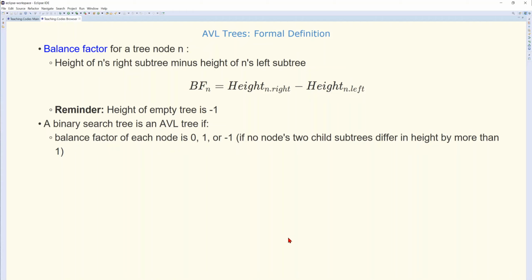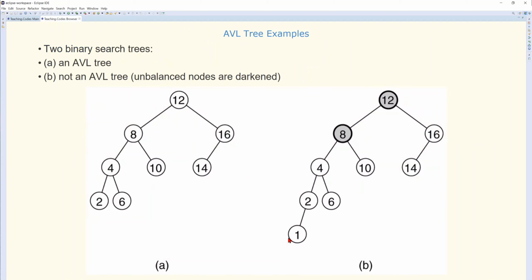And this is how, remember, we defined balanced trees. So let's see some examples. The tree in part A, although it may not look balanced to you, that's why I said that visual input might be somewhat misleading. This tree seems to be heavier to the left, right?